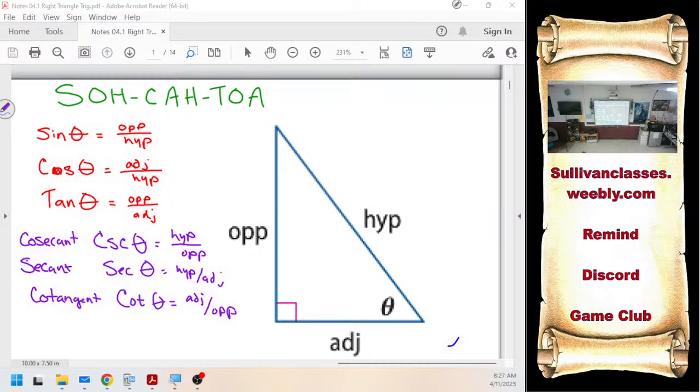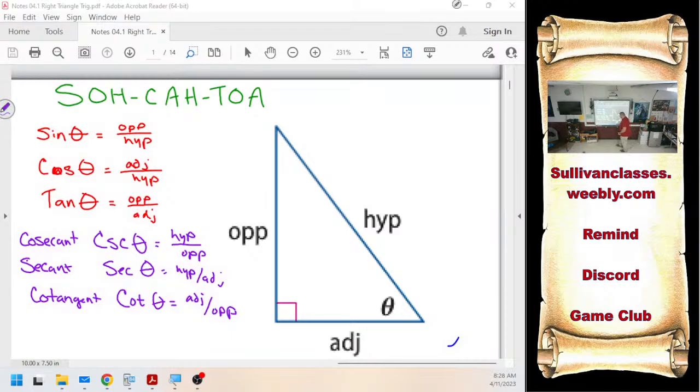Where that might cause a few little cross-eyed moments is you're going to be flipping things that have radicals. Remember, the sides of a right triangle are often going to be created using Pythagorean theorem, which means they're going to have a square root.